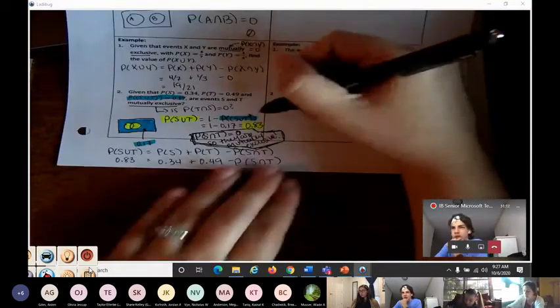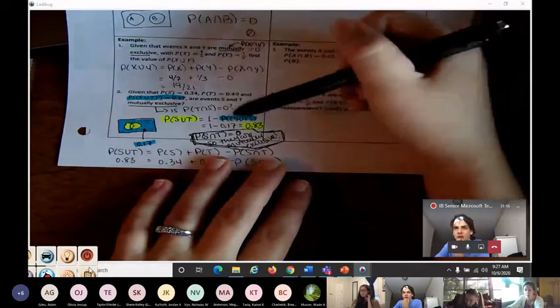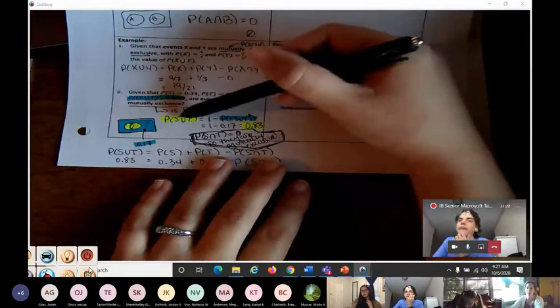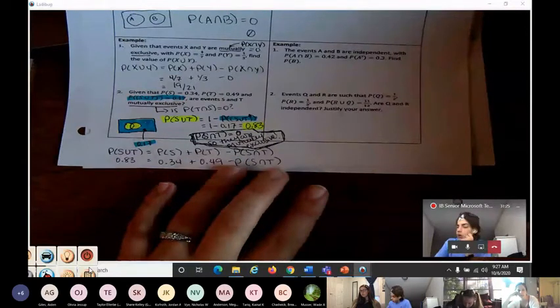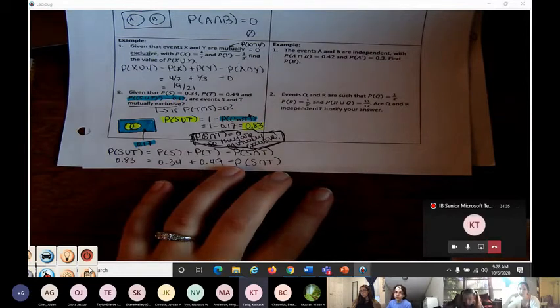This one is the complement of S union T. See how there's a little prime in there? And then this one is just S union T. Okay, yeah, I missed the prime. Sorry. It's okay. It's very tiny. Anything else? So with mutually exclusive, the intersection is always 0? Yep.